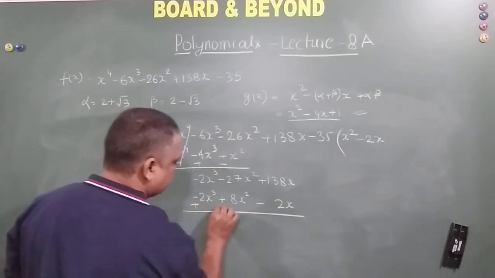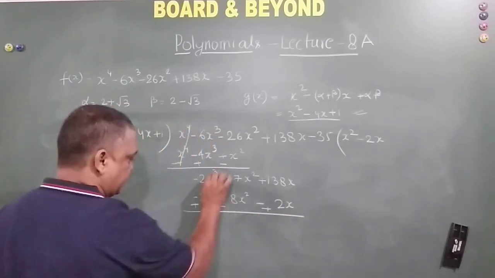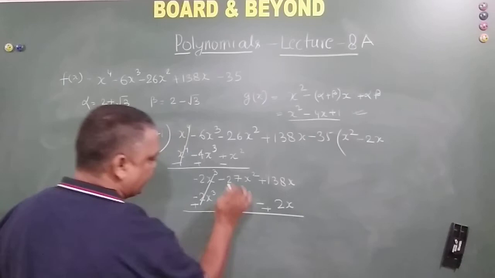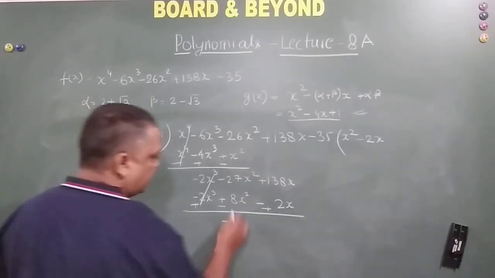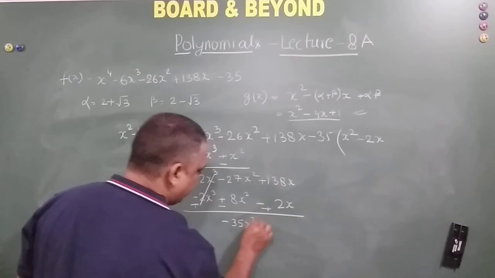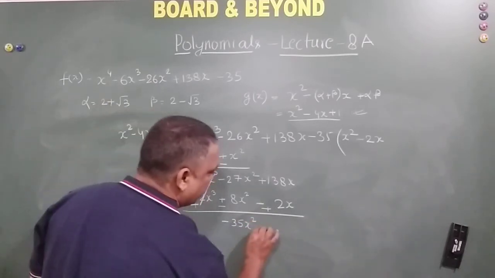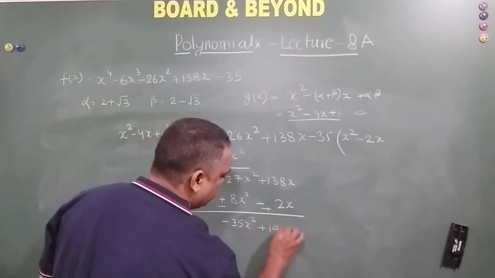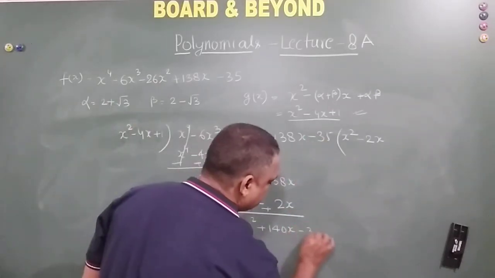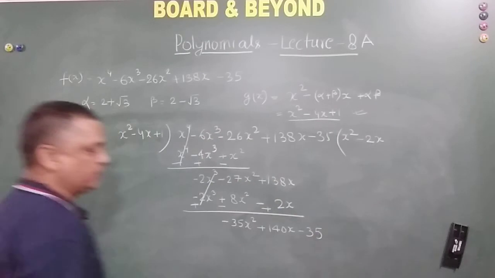So plus minus plus, this cancels. This becomes how much? 27 plus 8, 35x square plus 140x. I bring down this minus 35 down.